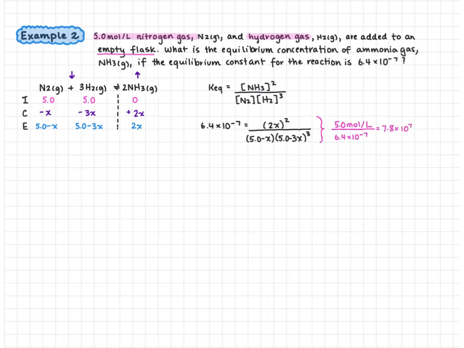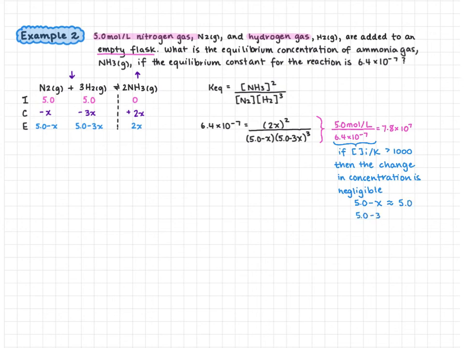We want to compare this ratio of the initial concentration to 1,000. So if the initial concentration divided by K is greater than 1,000, then the change in concentration is negligible. And so what that means is that when we write 5.0 minus x, that's going to be approximately equal to 5.